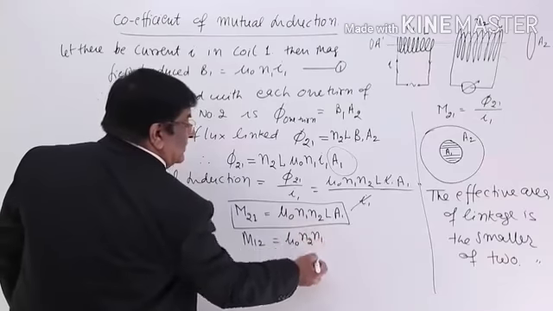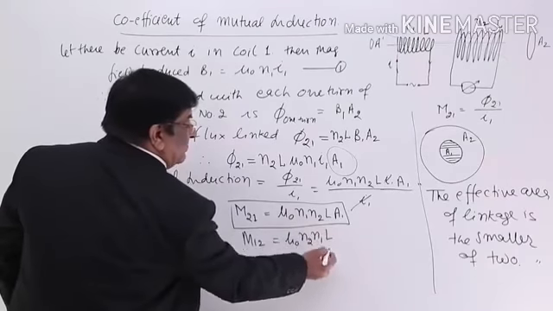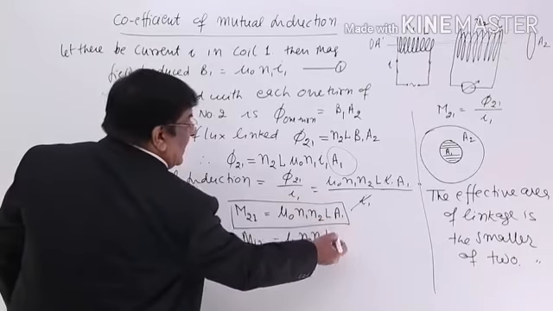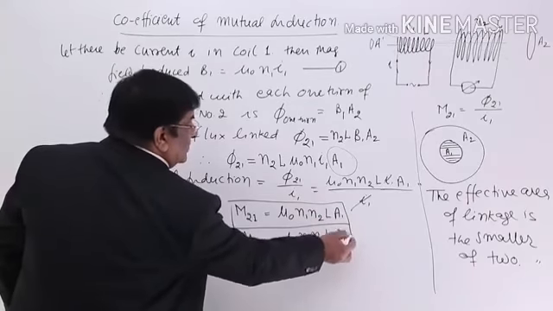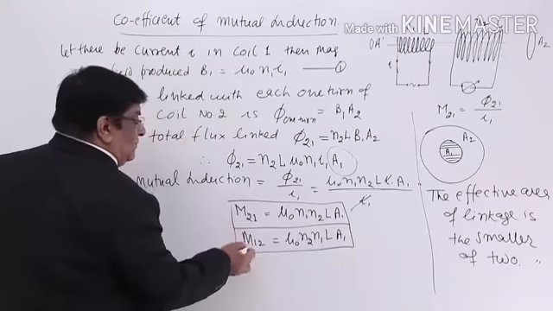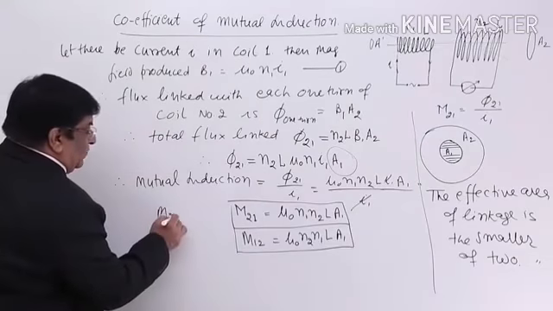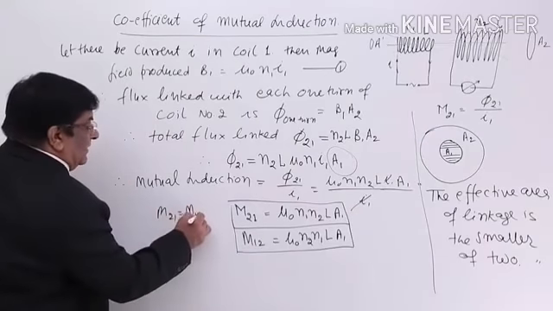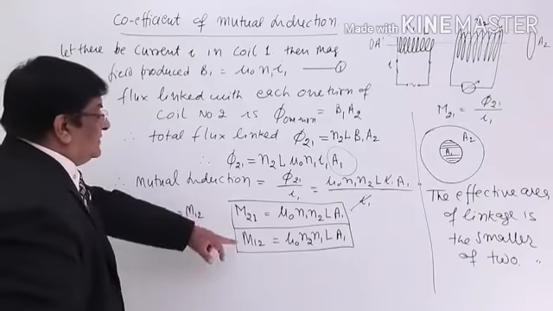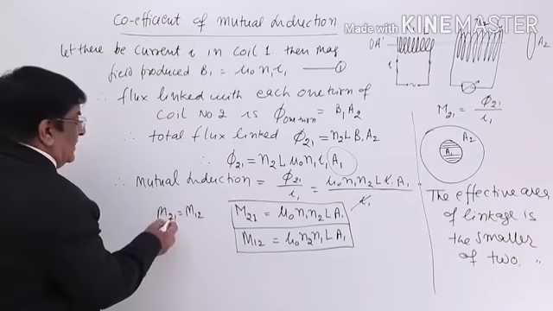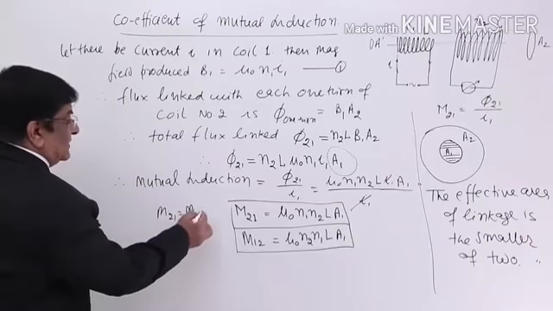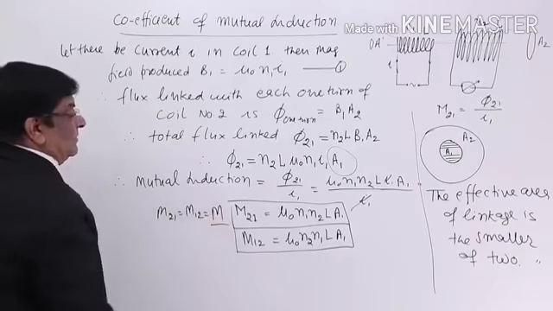Length is same for both. So area we have to take smaller. So you find M21 is equal to M12. If M12 is equal to M21, then we need not write 21 or 12. We can simply write it mutual induction between the two coils.